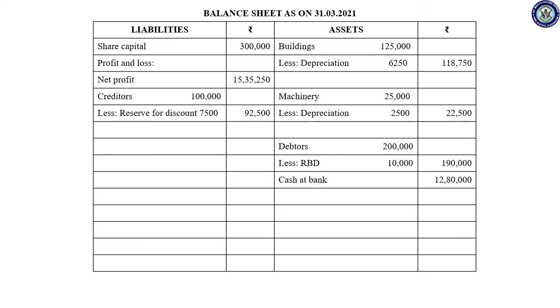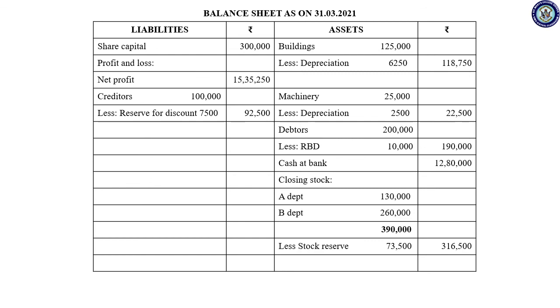So next, cash at bank. Then there is the closing stock. From that you have to deduct the stock reserve. Because the closing stock is to be recorded at cost price and not at the selling price. The closing stock we don't add any profit on, because that is not sold.